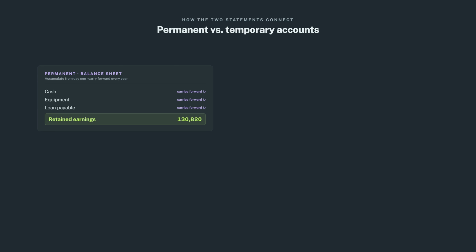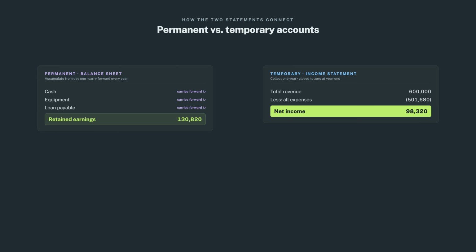But the accounts on the income statement work differently. They're temporary. They collect a single year's worth of activity, all the revenue and all the expenses for that year. And then at the end of the year, they're closed out, reset to zero. And their net result, the net income we saw on the income statement, is moved over into retained earnings on the balance sheet.